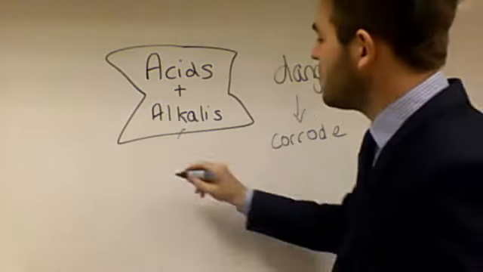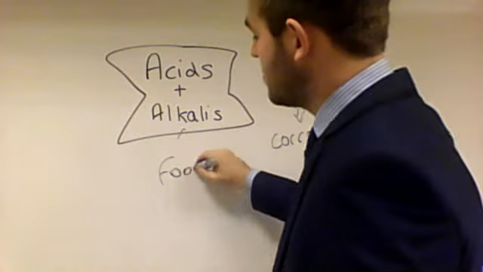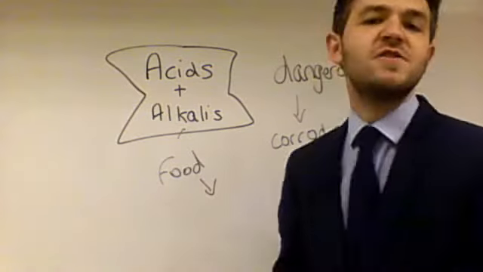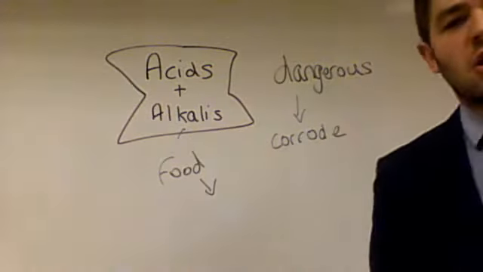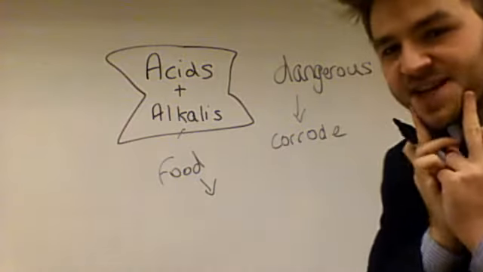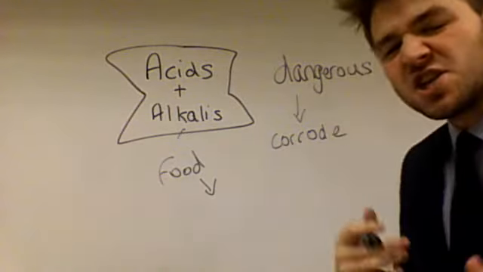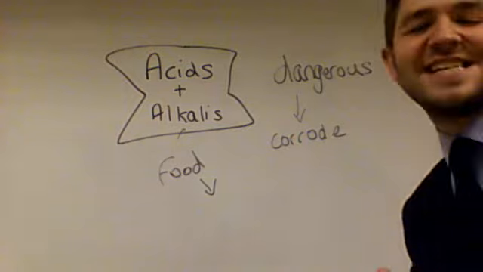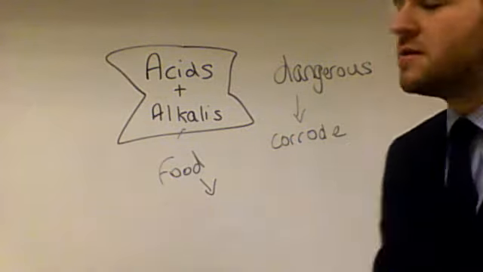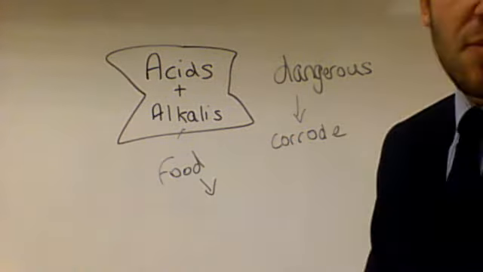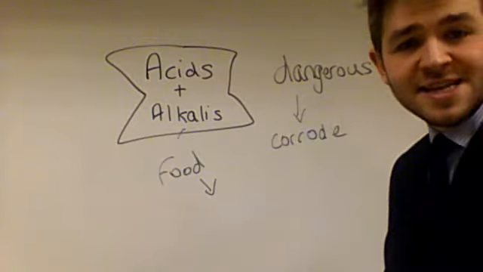And the big example of this is food. Nowadays we eat a lot of sugary food, lots of bacteria make acid on our teeth, lots of fizzy drinks, lots of acid in there, lots of things like citric acid that are very tasty, but have the problem that they are acidic.